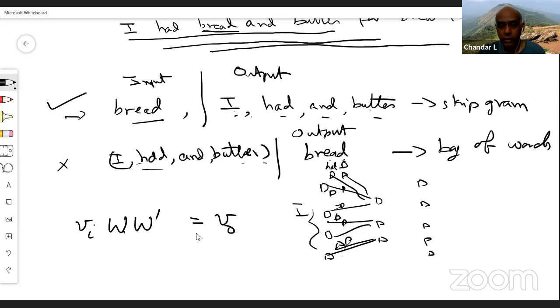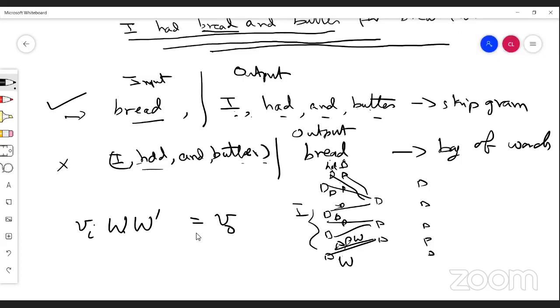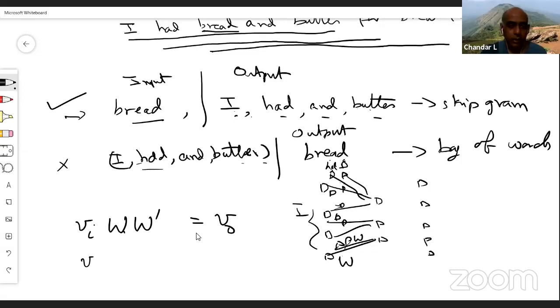If you had a weight matrix W here, the same weight matrix will apply in all of them, it is just that the inputs are different. So the first multiplication, which is Vi into W, will get summed up for the four words, I, had, and butter. And then the output is only one here.